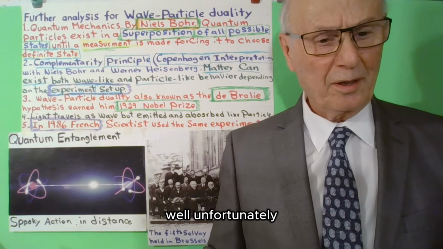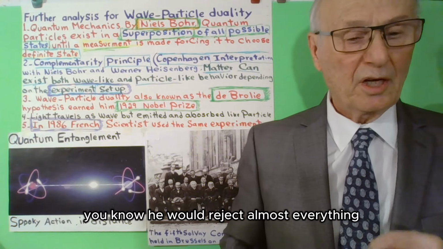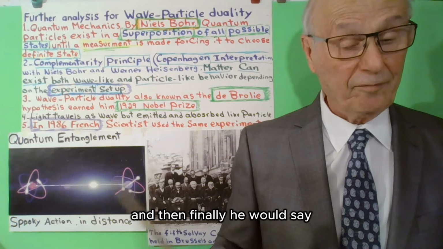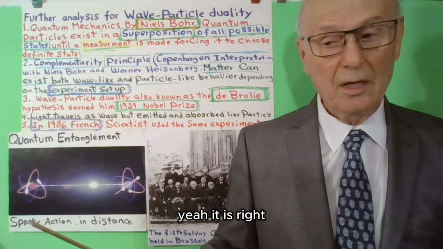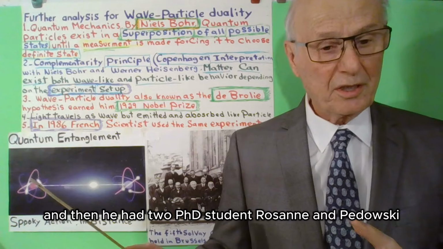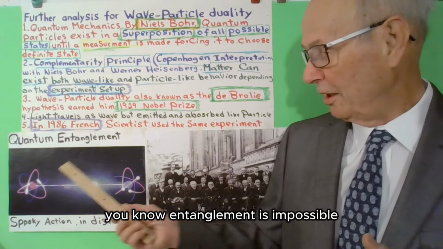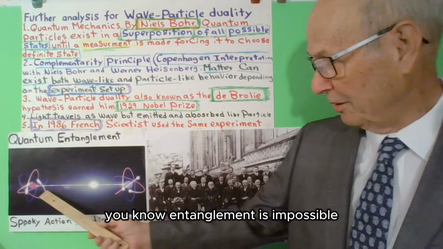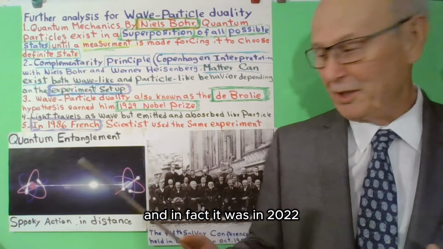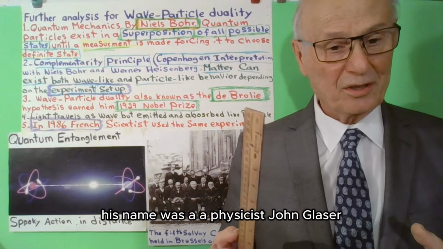But unfortunately, Albert Einstein had this bad habit that he would reject almost everything, and then finally he would say, yeah, it is right. And then he had two PhD students, Rosen and Podolsky. And what happened? All those three agreed that entanglement is impossible. And in fact, it was in 2022, his name was physicist John Clauser.